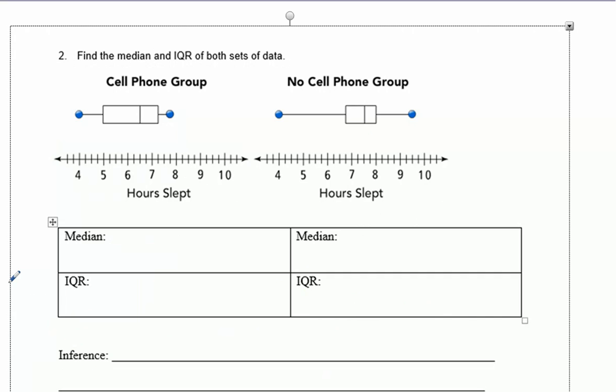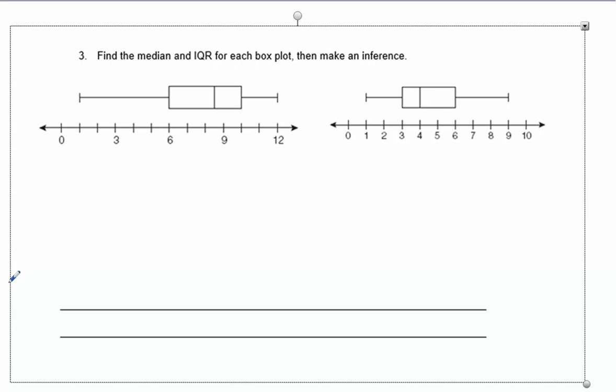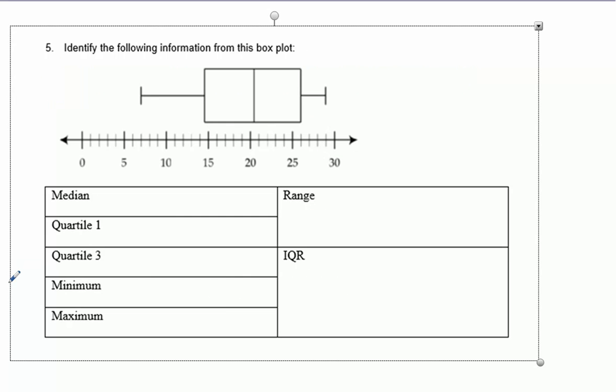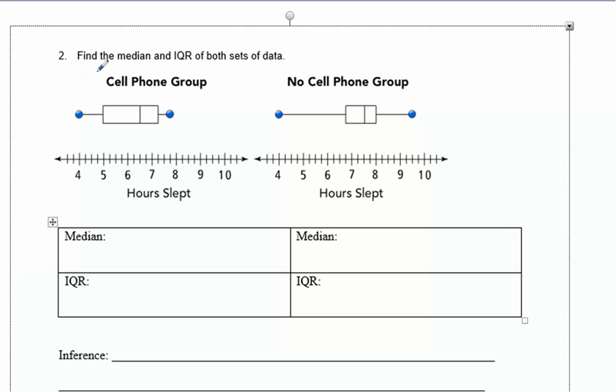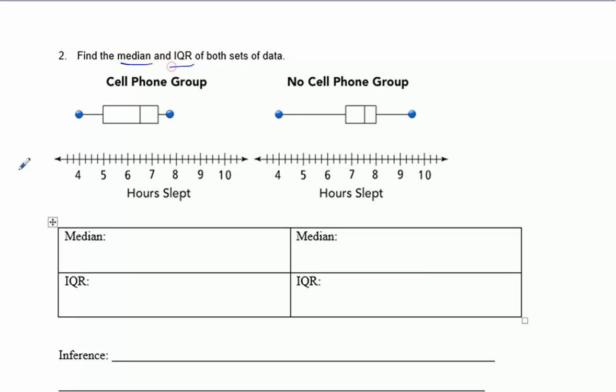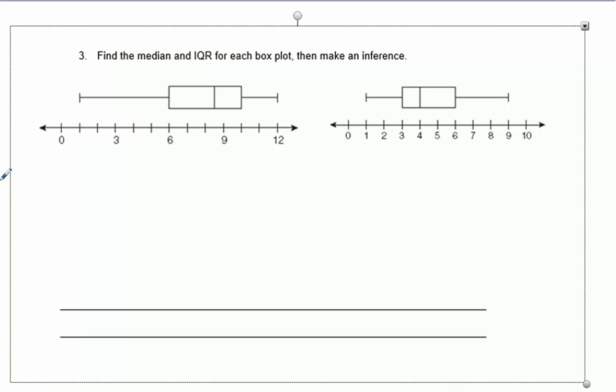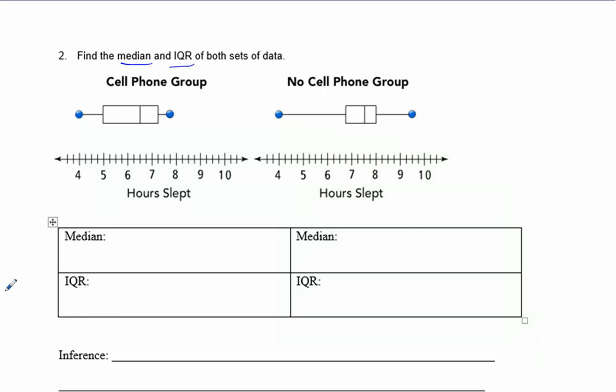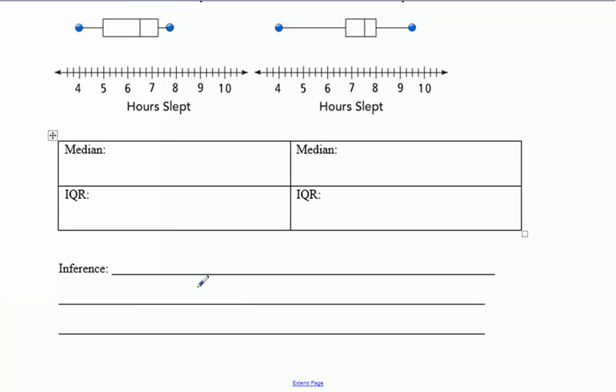Next ones. Again, I want you to try some of these on your own. There's number 2, number 3, number 4, number 5. Read the directions very carefully. Some say to find the median and the IQR. Some say to just find the median. This one has you finding a lot of different stuff. So pause the video, try them. Seriously, try them. When I'm talking about making the inference, make sure you're going back and you're looking at those sentence starters to help you make an inference.